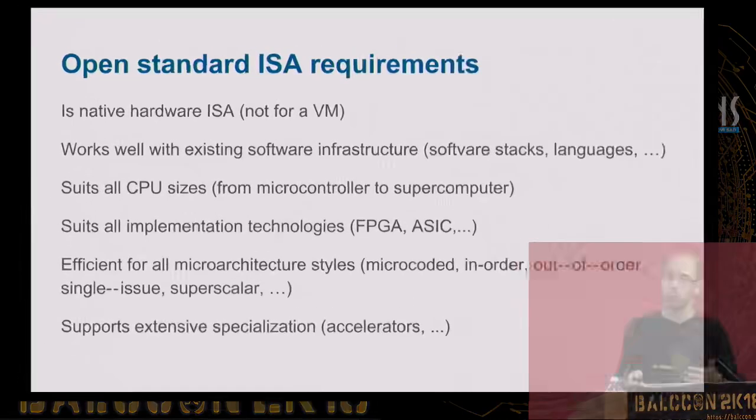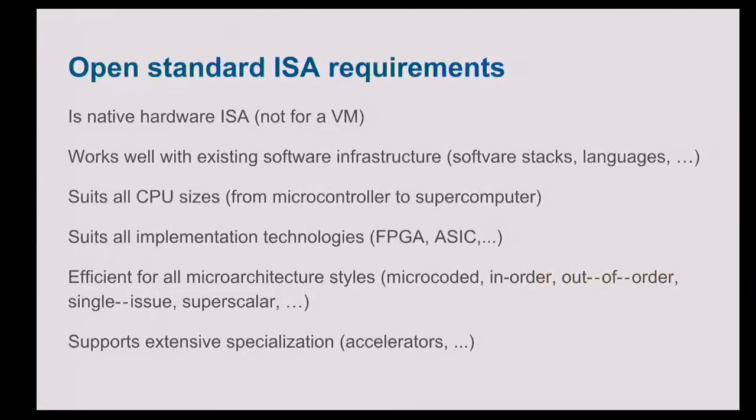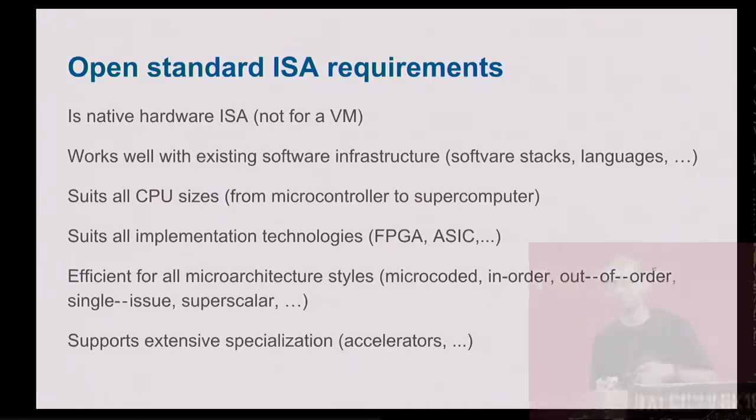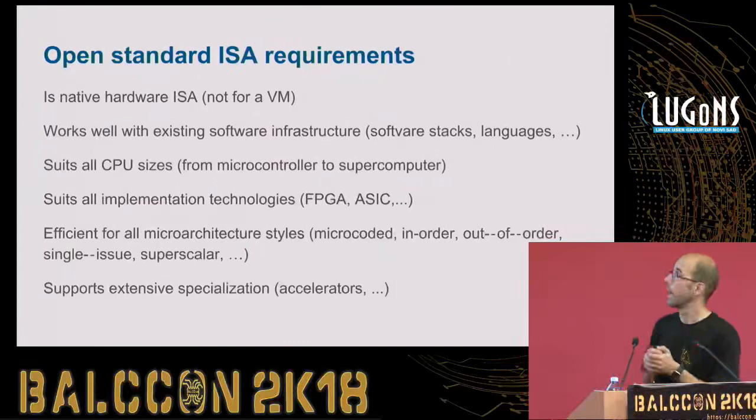So what is required is an open standard ISA, which could be used not only on virtual machines, but should be used on real native hardware, and should work well with existing software infrastructure like programming languages, operating systems, and so on.